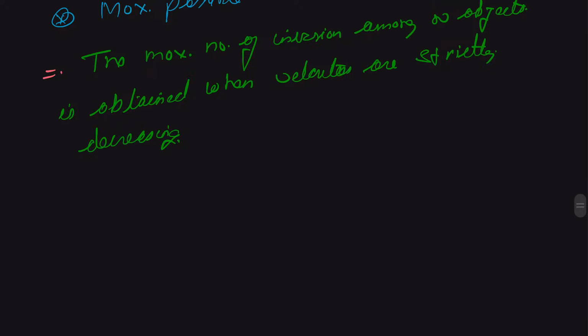In terms of the equation, the velocity of u1 should be greater than the velocity of u2, greater than the velocity of u3, and so on, greater than the velocity of un.